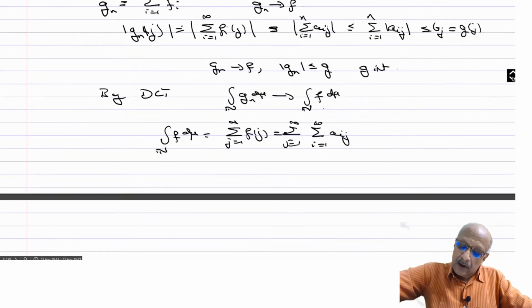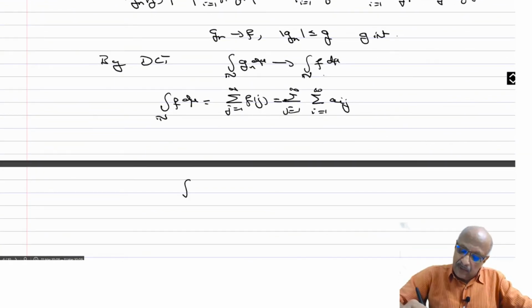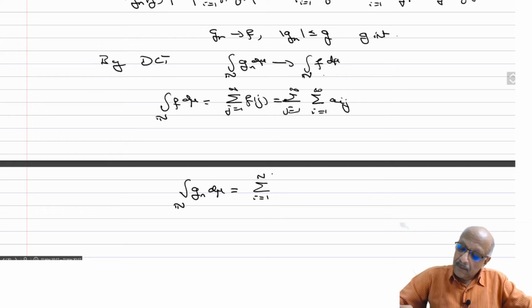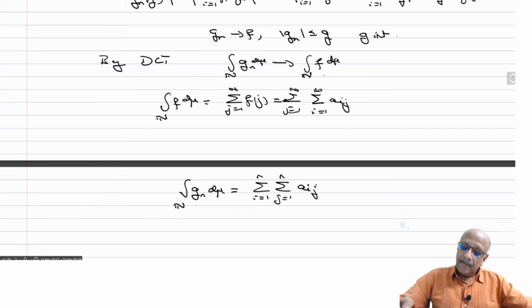Okay. Now what about the integral of g_n d mu? The integral of g_n d mu over N is equal to the sum from i equals 1 to n of the sum from j equals 1 to n of a_ij, because g_n is the sum from i equals 1 to n of f_i.